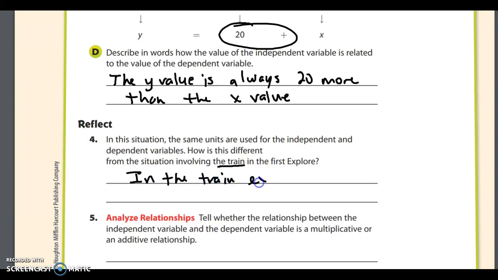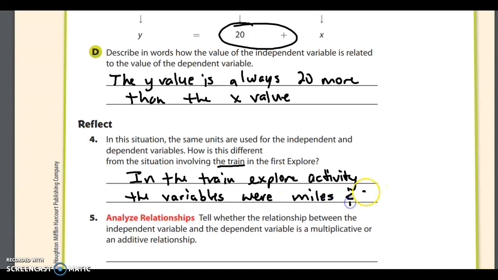In the train Explore activity, the variables were miles and hours. In this one, they were both clay, which I found to actually be kind of tricky.